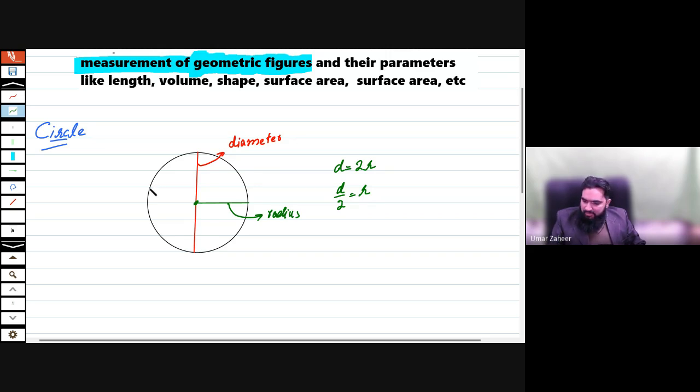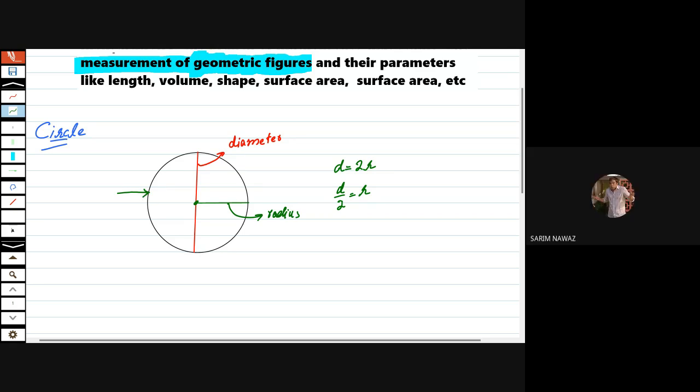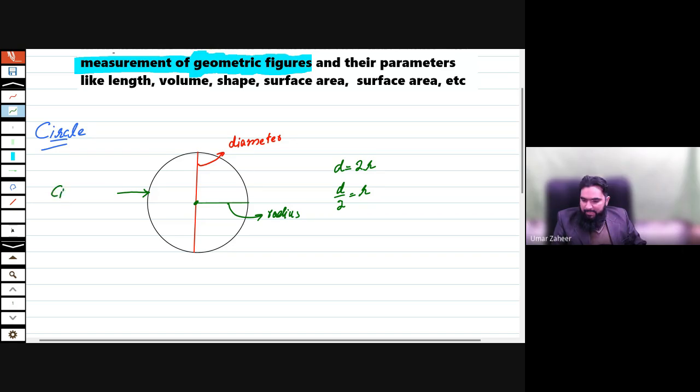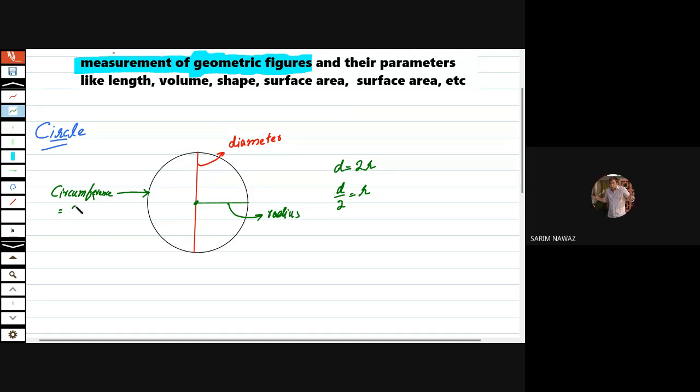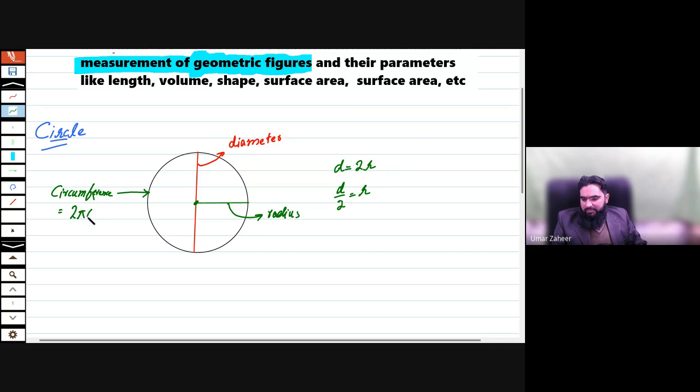Yes, this outer line, this black line, the circular length, is known as the circumference of a circle, and that is equal to 2 pi r.